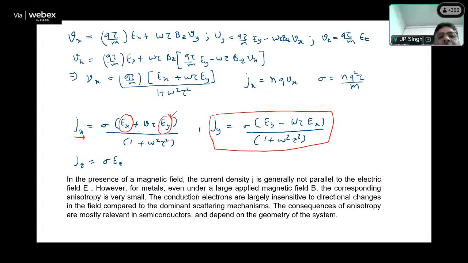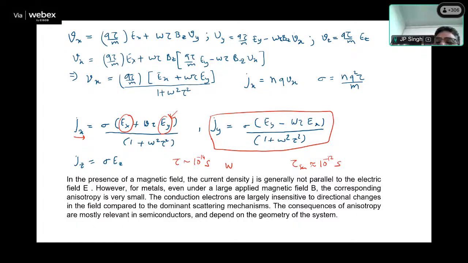Since it has the Ey component, that's why we are getting deflection in the y direction. If I talk about metals, in metals this tau is around 10 raised to power minus 14 second. So mean free time is 10 raised to power minus 14 second. Whereas in a semiconductor, this is something like 10 raised to power minus 12 second. So this is one difference here.